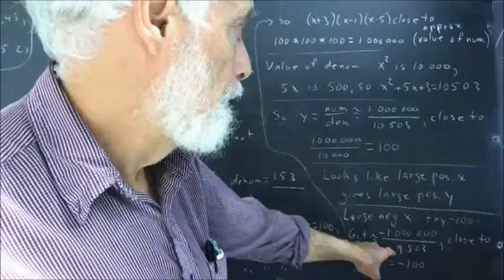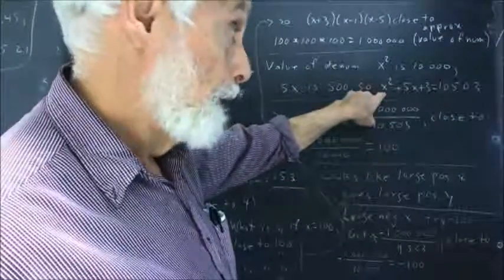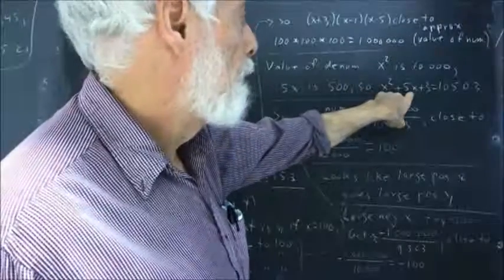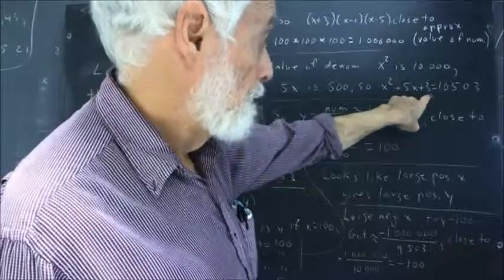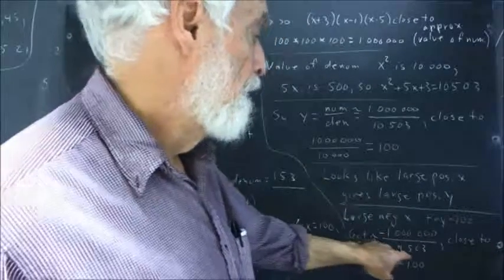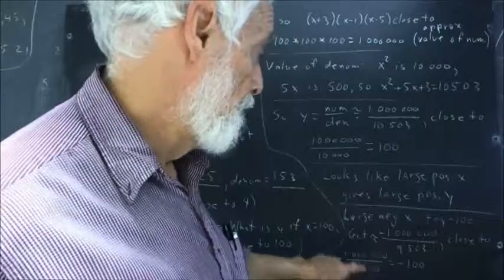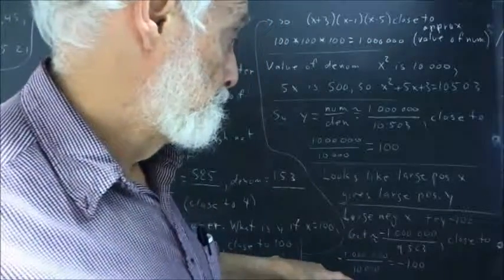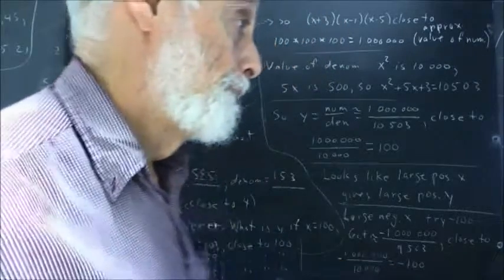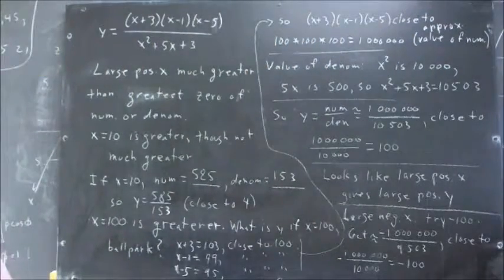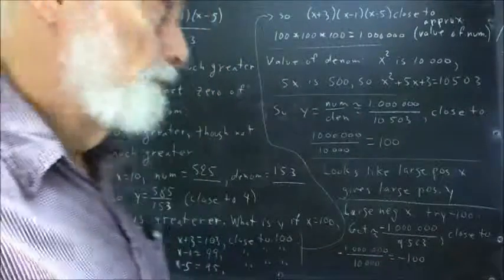We can easily evaluate x squared, which is still going to be 10,000. 5x for x equals negative 100 is going to be negative 500, and then we're going to have plus 3. That's going to give us 9,503, which is close enough to 10,000 to say that when x is negative 100, we're going to get negative 100, or something very close to negative 100.